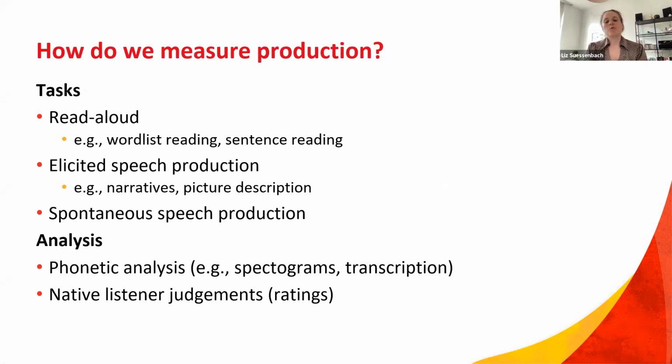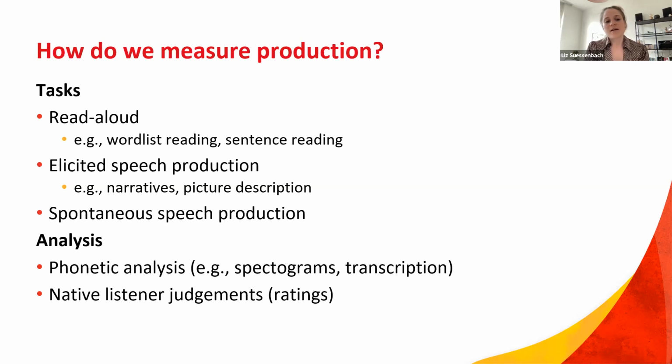First of all, we're probably all familiar with it as researchers. How do we measure production? Usually that's done or can be done through tests of reading aloud, so like word list readings or sentence readings, or we can elicit speech production by having students or participants read out narratives or describe pictures.